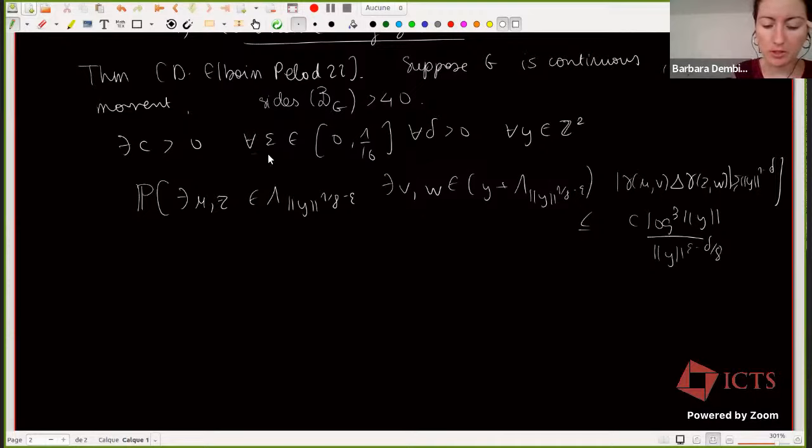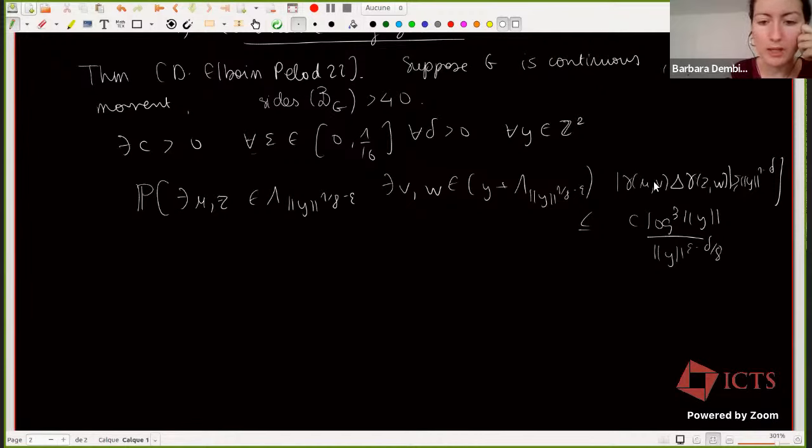Epsilon quantifies how close the endpoints are. The larger epsilon is, the closer the endpoints are, and so the better your control is, because the closer it is, the easier it is to control. And delta here is the symmetric difference.